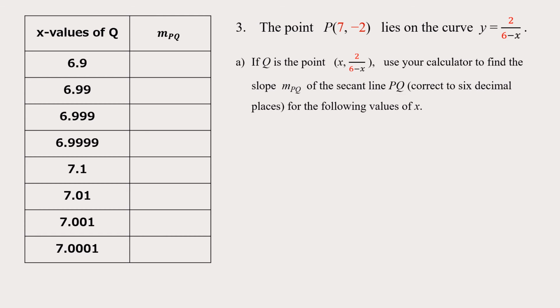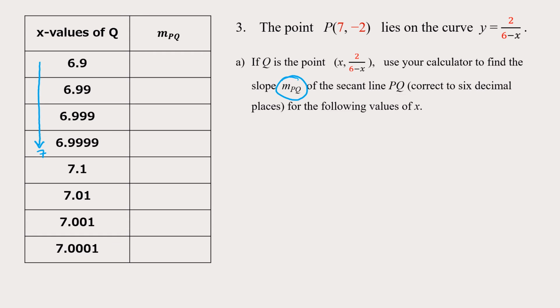Now let's actually take a look at different points Q. So again, Q is the point (x, 2 over the quantity 6 minus x). And we're looking at what happens to the slope between P and Q, so that's this m_PQ, the slope between P and Q, as the value of x changes for Q. So if we look at our table here, as we go down from here to here, at these different 6.9 somethings, we get closer and closer to 7, starting at x values that are to the left of 7.